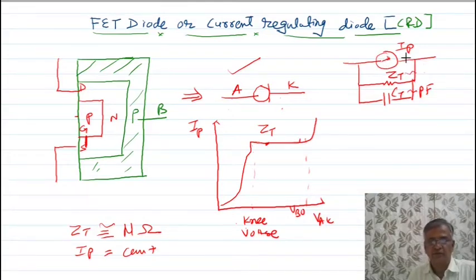In the market, CRDs are available from 0.2 milliampere to 5 milliampere. So the main benefit of this is that current is constant over a wide range of voltage, so it behaves as a constant current source.